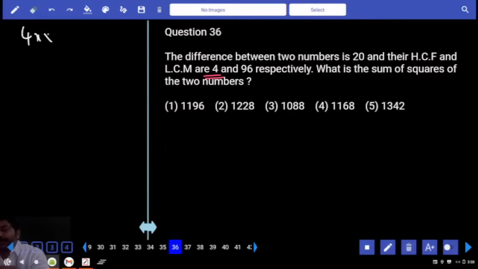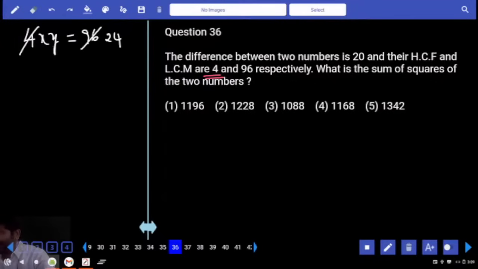If you treat your numbers as 4x, 4y, the LCM of these numbers, you can take 4 common first, x comma y LCM, x into y.